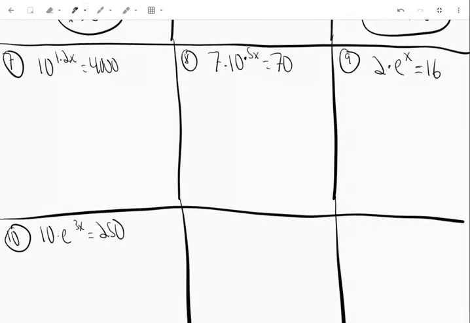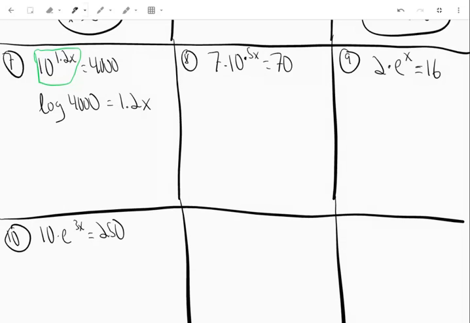10 to the power of 1.2x equals 4,000. That is isolated already. The term with the exponent is isolated. So in log form, this will be log base 10 of 4,000 equals 1.2x.